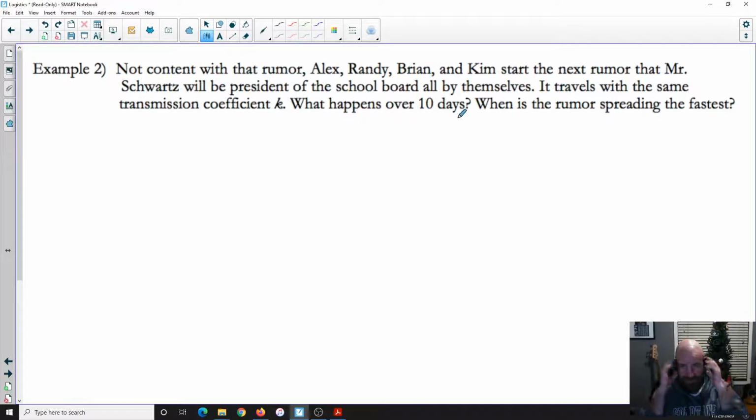So we have a little less work on our hands because we already know what our k is. So let's go ahead and put some information down. We know p of 0 in this case is Alex, Randy, Brian, and Kim, so 4 people. So p of 0, 4 people know. Travels with the same transmission coefficient.